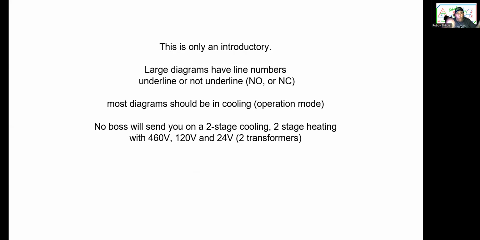Slowly, you learn how to work on the big stuff. I have worked on bigger units where the power comes in at 460, controlling two compressors, two condenser fan motors, and the blower, and then the voltage drops down to 120 volt, which controls something else, and then I control some dampers and stuff, and then 24 volts.